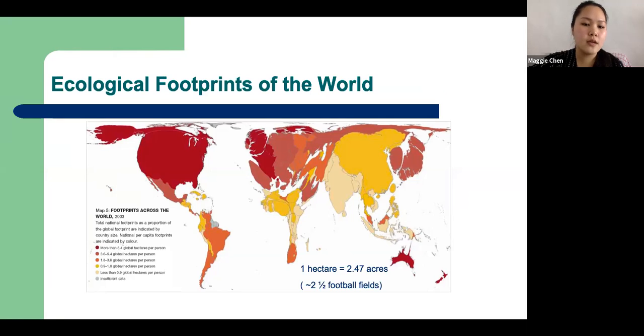You can see that for North America, we have our darkest red. Usually in the more developed countries, the per capita ecological footprint is going to be the highest. The amount of resources that they use, because they have access to it too, is going to be higher.